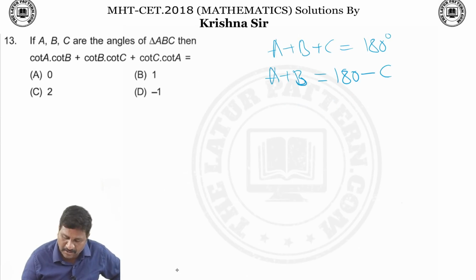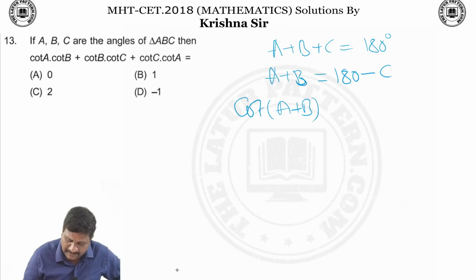Apply cot on both sides. Cot of (A plus B) is equal to cot of (180 minus C).